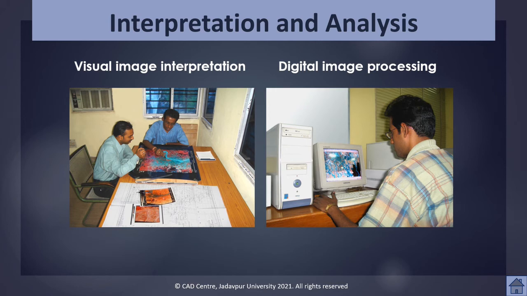Most of the fundamental elements of image interpretation are used in visual image analysis, including size, what is the size of the object, what is the shape of the object, then shadow, color, parallax, pattern, texture, site, situation, association, and several other things.